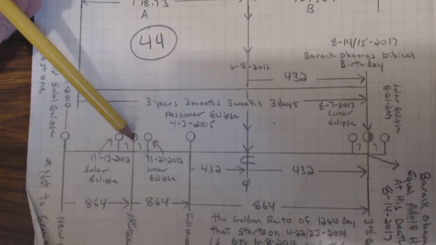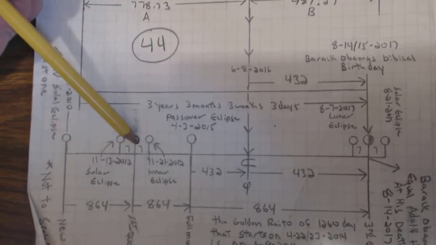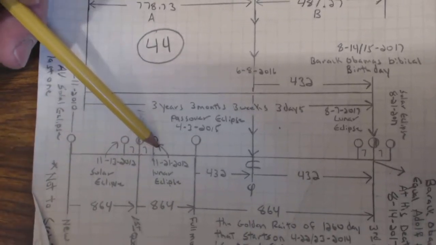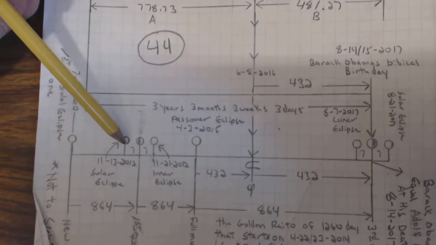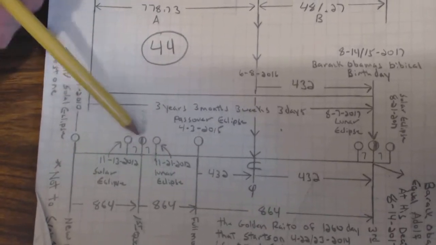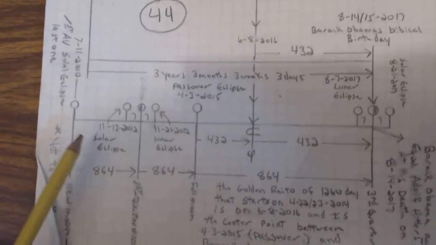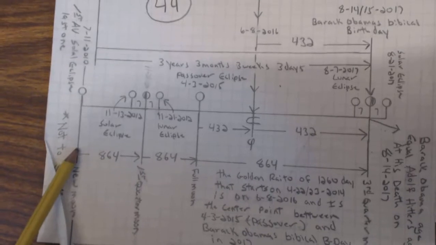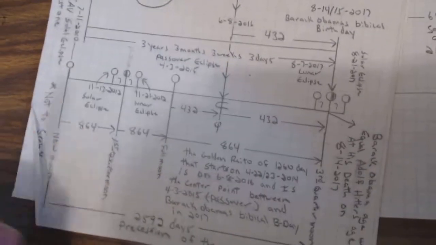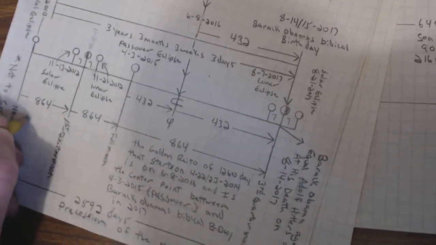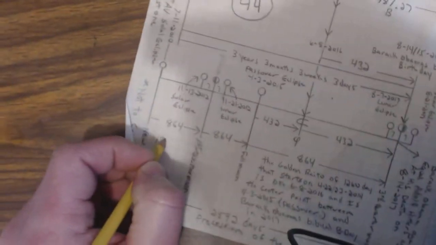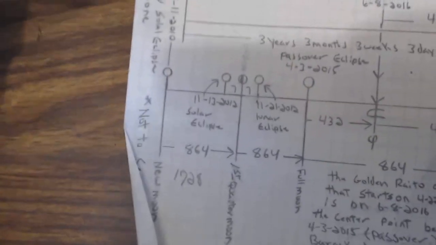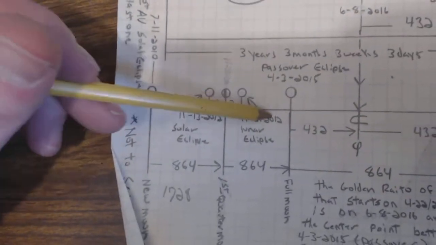You have this date splitting this fourth night, and these are two eclipses, lunar and solar. From here it's 864 days to the Passover eclipse, or 1728. Okay, at 1728, from here to here, it's just 864 plus 864.